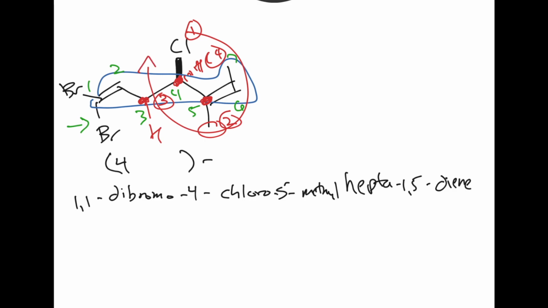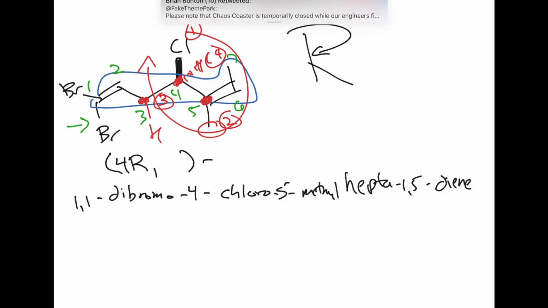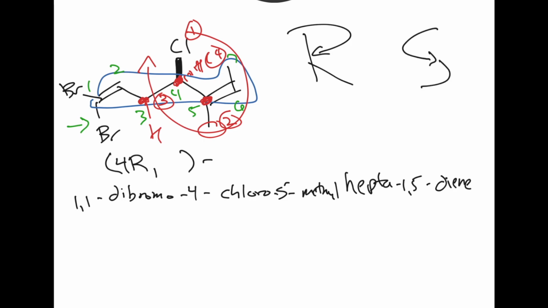So that goes clockwise, so that's R. So this is 4R. If you remember, when the lower priority group points away from you, R is clockwise, and S is counterclockwise.